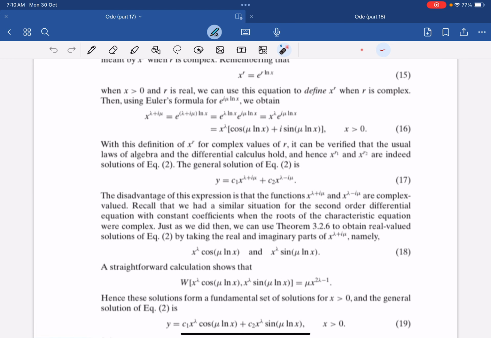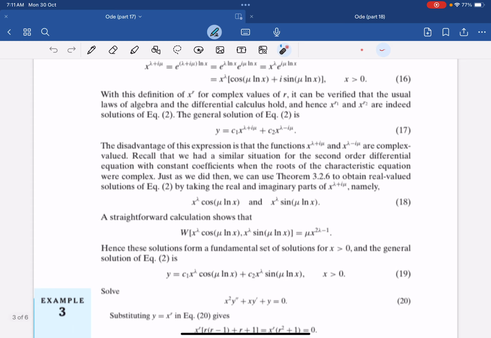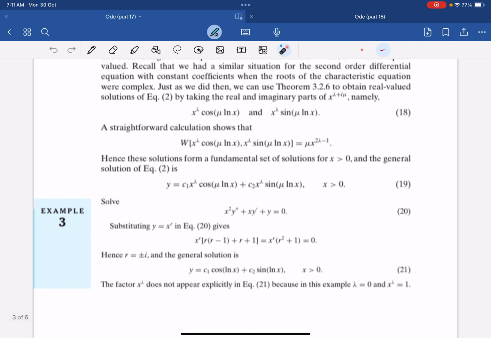By doing so, we can simplify it and obtain the real-valued solutions, x to the lambda cosine of mu ln x and x to the lambda sine of mu ln x. We find the Wronskian to see that it's non-zero again, so this forms the fundamental set of solutions. Hence the general solution will be c1 x to the lambda cosine mu ln x plus c2 x to the lambda sine mu ln x.